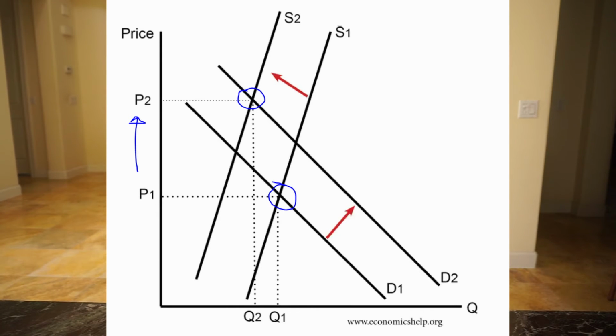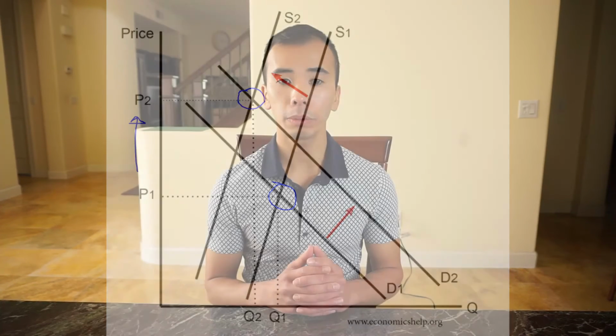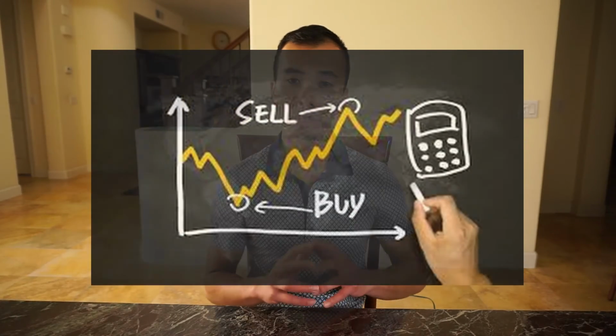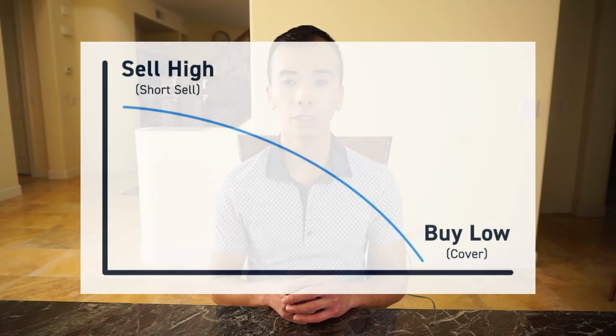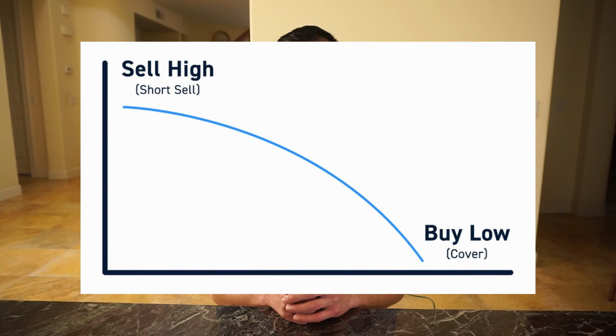Now let's briefly explain shorting and short squeeze. Typically, we consider stock investing as buy first and then sell later. To make a profit, you want to buy low, sell high, hoping that the price increases. This is called going long on the stock. Shorting, on the other hand, is the reverse.